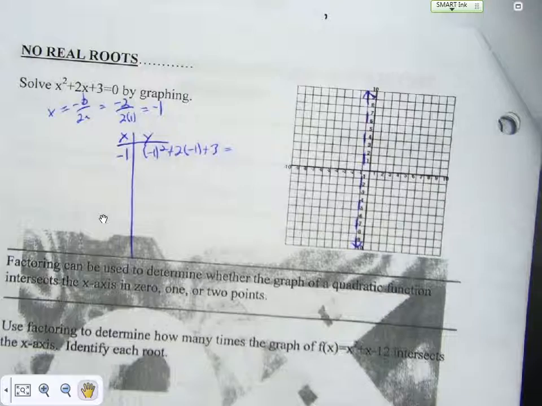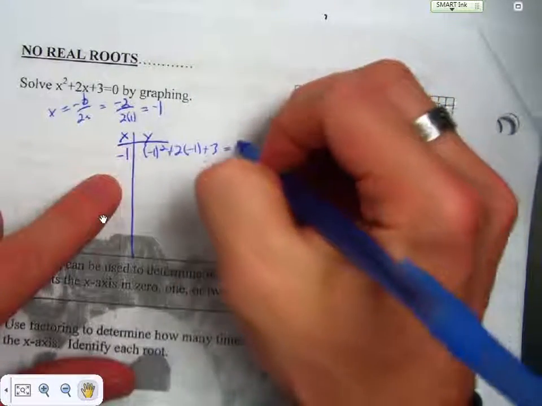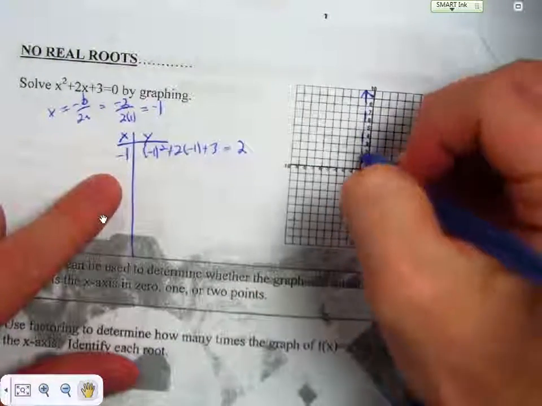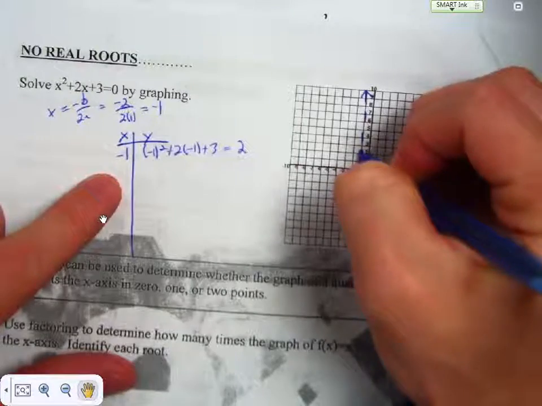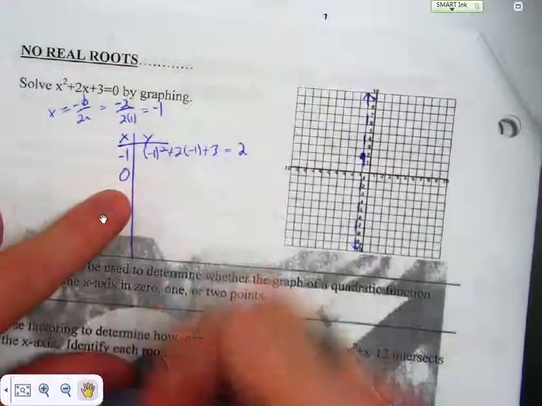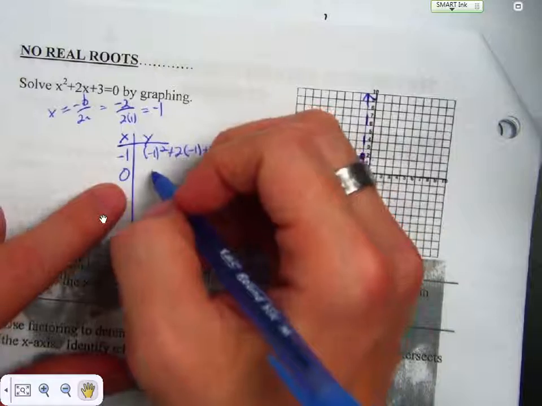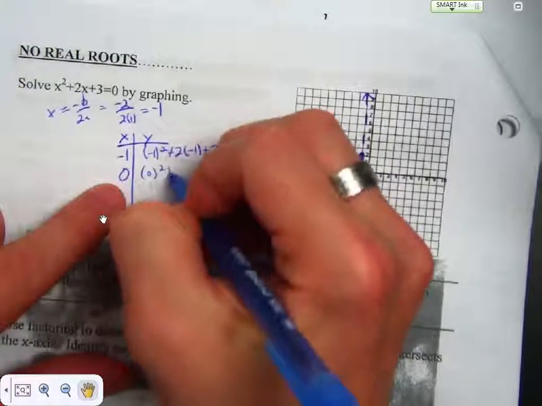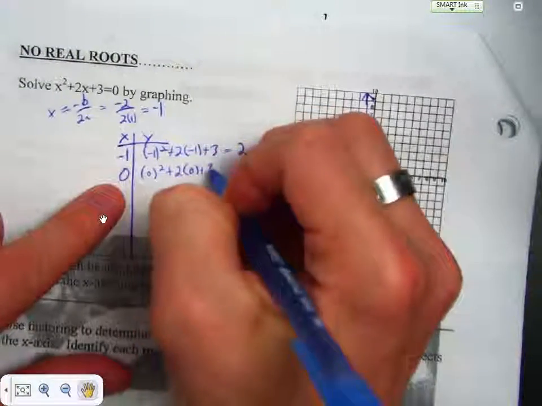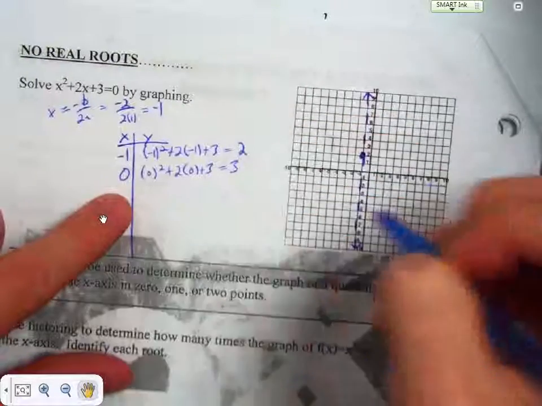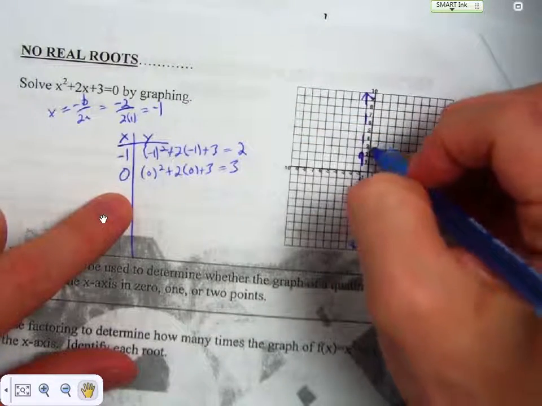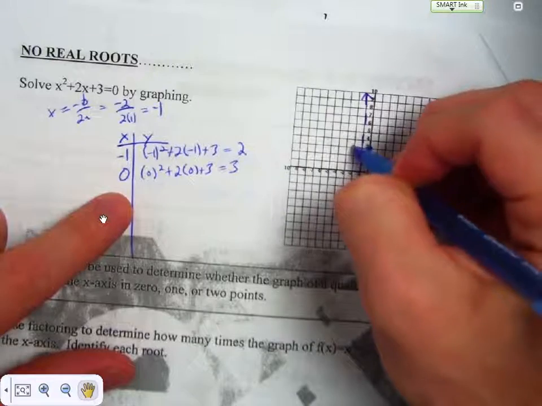And you end up with, at this point, -1, 2. So left 1 up 2. Then you plug a point close to that, 0. 0 squared plus 2 times 0 plus 3 equals 3. 0, 3. Uh-oh.